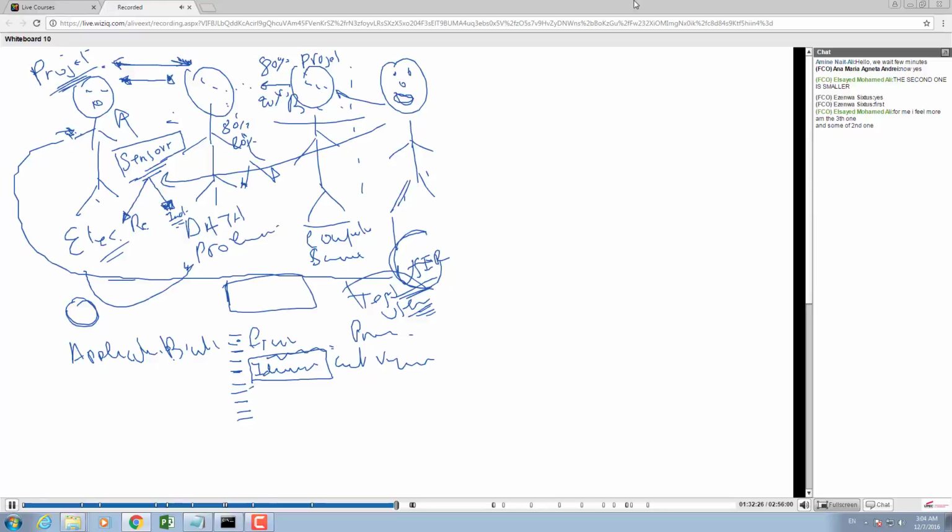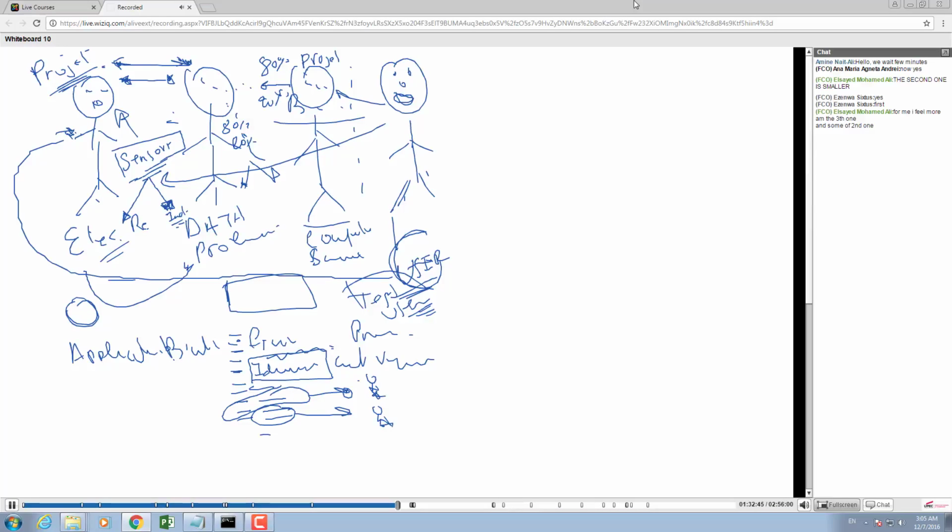So he will try to give all the different functionalities that should be integrated in the project. Okay, so he will say we need this, we need this, we need this, we need this.